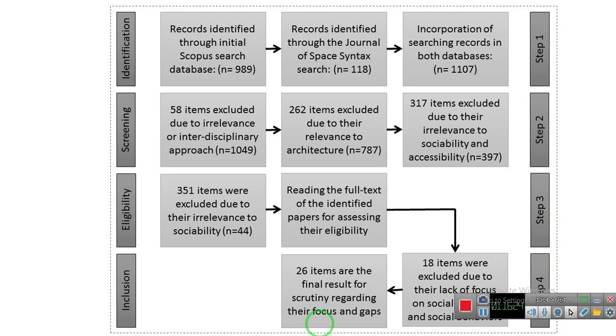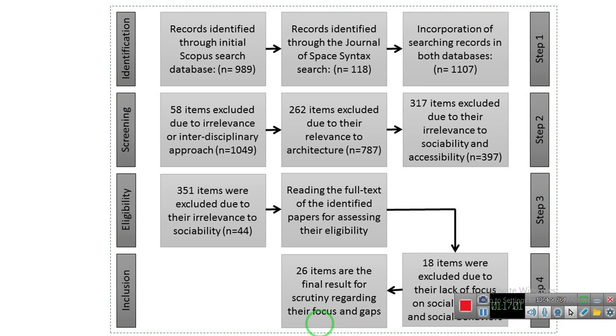So if you have different database sources, for example Scopus, Web of Science, Google Scholar, or anything else, here you have to incorporate all of them in this identification section. After that, you will start the second step, which is screening. As you can see, 58 items were excluded due to their irrelevance or interdisciplinary approach. So these items will be excluded.